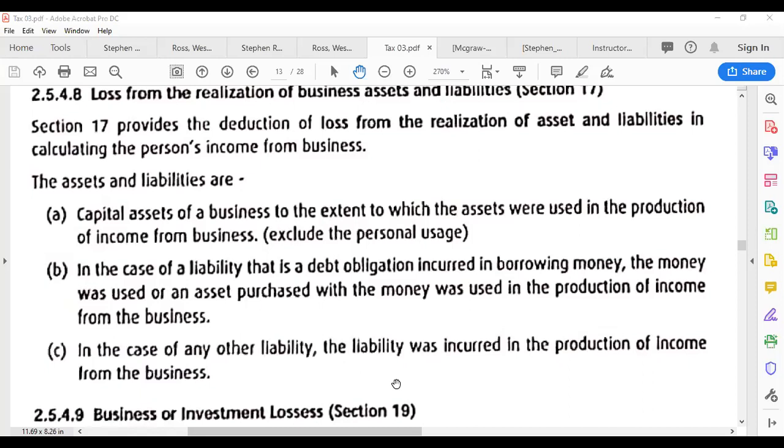If you have obtained any loan from somewhere else, that money should be used to produce income for the business, or should be utilized to purchase an asset. That asset should be effectively connected with the business of making profit. In case of any other liability, the liability was incurred in the production of income from the business.